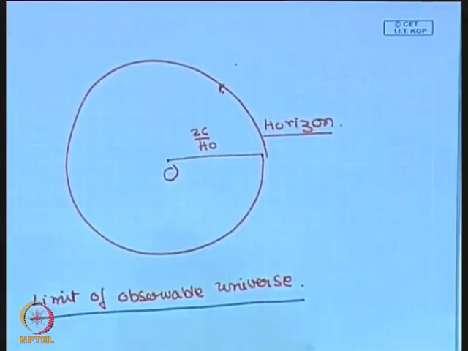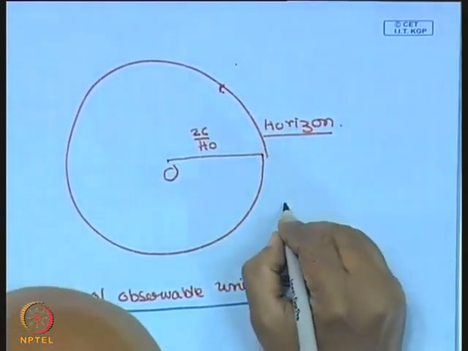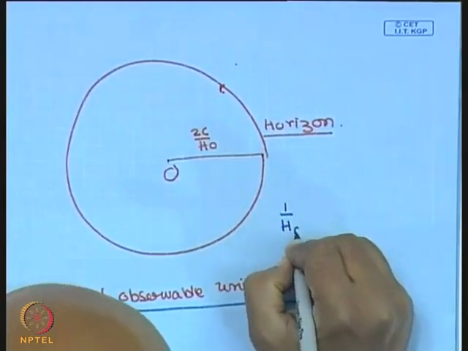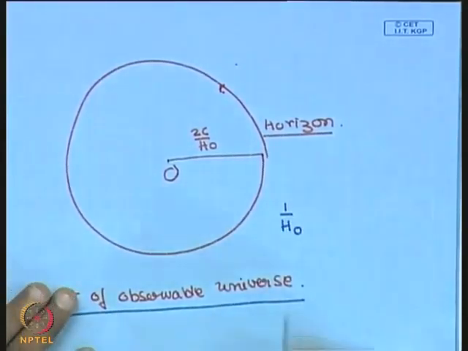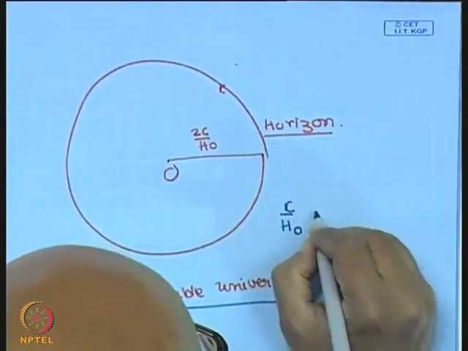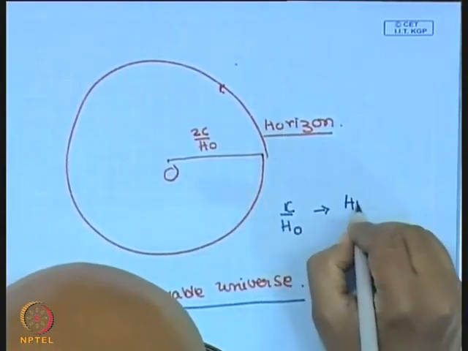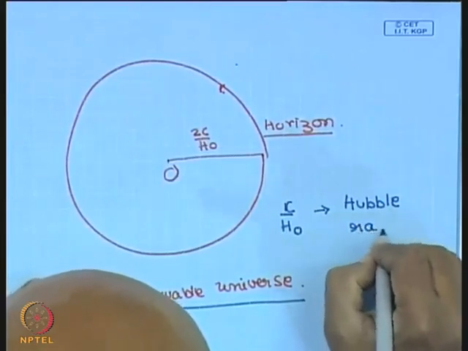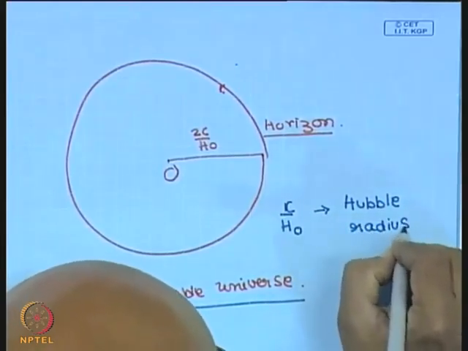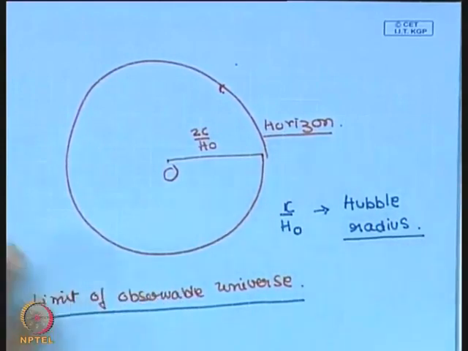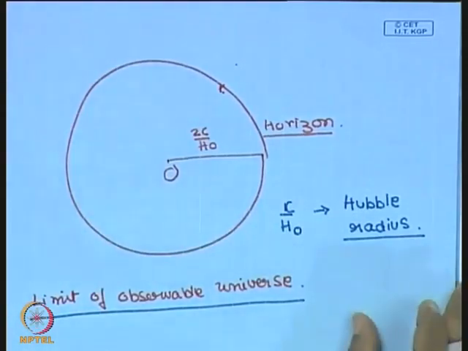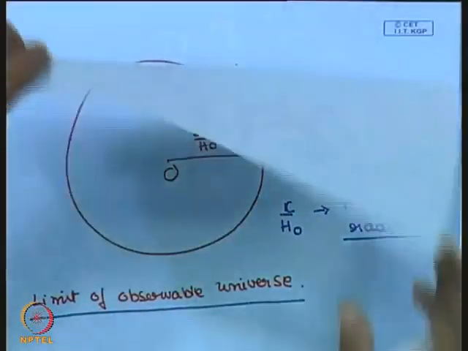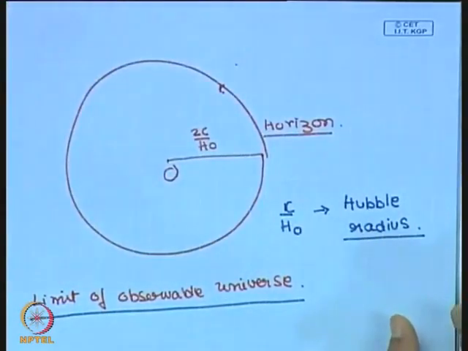Now you see, 1 by h naught defines a time scale called the Hubble time. So c by h naught is called the Hubble length scale, the Hubble radius. This gives you an order of magnitude estimate of the furthest distance which you can see, and the exact value in this particular cosmological model that we have been considering.